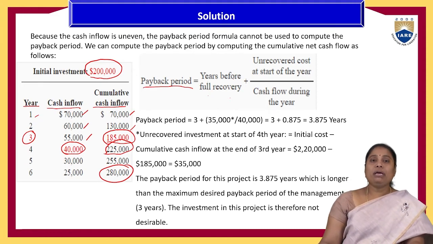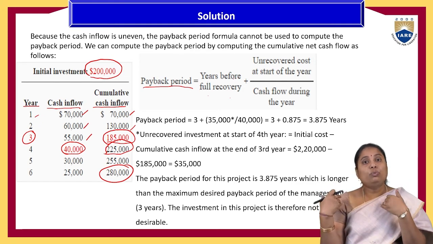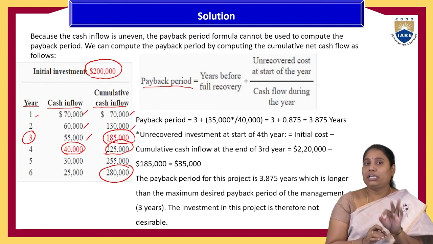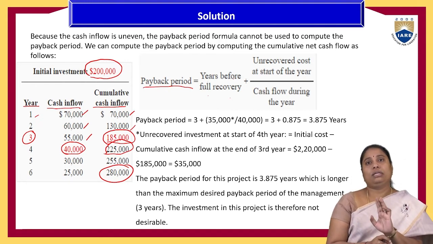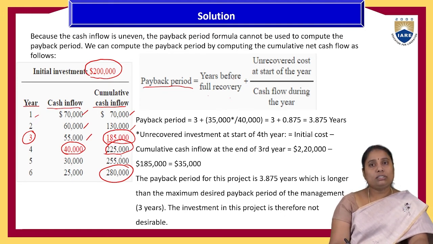But the payback period is not about what they get after their investment amount. They want to calculate the time taken to get their investment back only. The investment is 2 lakhs, which is between 1,85,000 and 2,25,000.